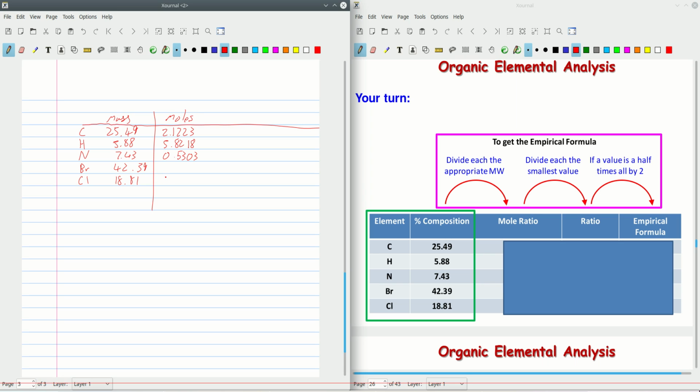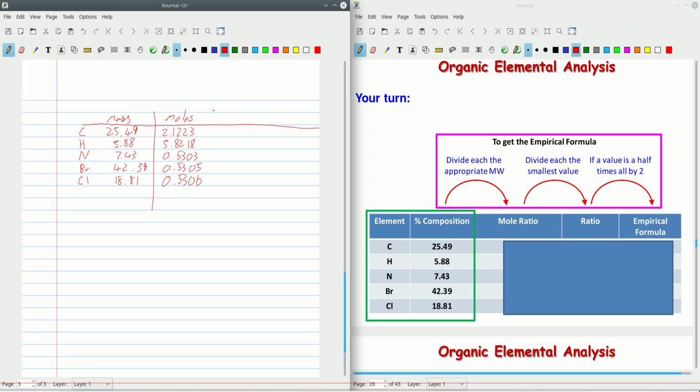Bromine is 42.39 divided by 79.904, which would give you 0.5305, essentially the same number as the nitrogen. Then we've got 18.81 for chlorine divided by 35.453, which is again 0.5306.